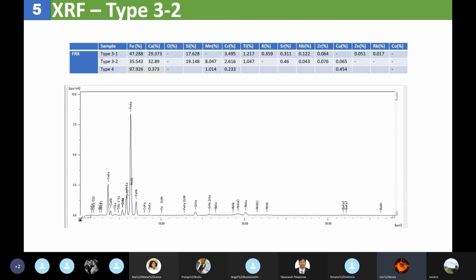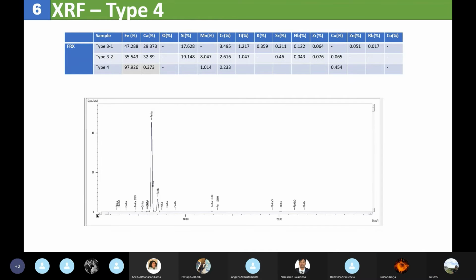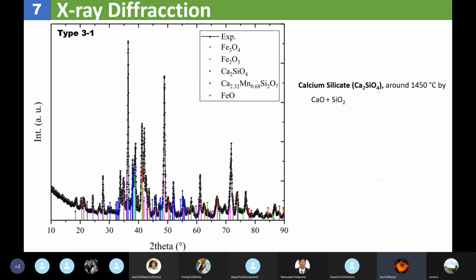The next one, please. And this is the one for the type 4. In this case iron is in high concentration, about 98%. You can see in the spectrum there is also a high peak for the iron. The next one, please.